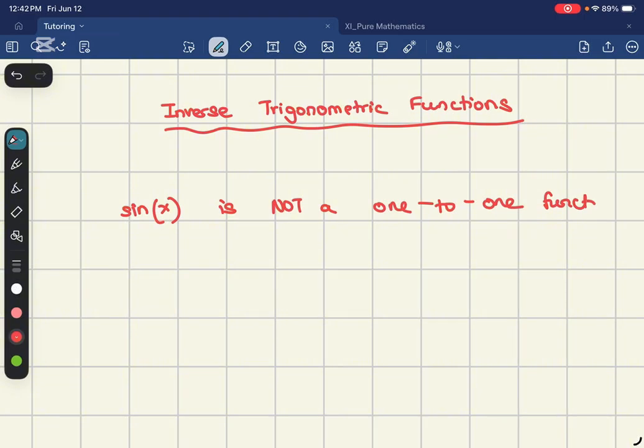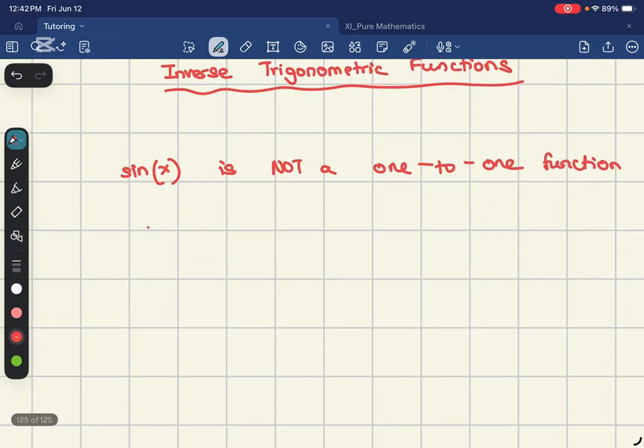So sine of x, if you remember, is not a one-to-one function. And why is that? Well, sine of 45 degrees is equal to sine of 135 degrees, which is 1 by root 2. If you plug into your calculator, sine 45 and sine 135, it is going to give you the same output, right?